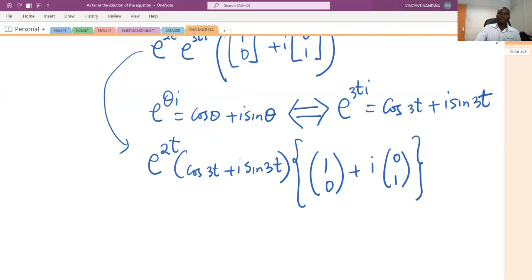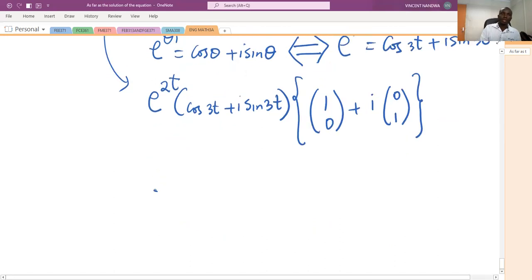So let's just now carry out the multiplication. So e raised power 2t, this times this vector here will have cos of 3t plus i sin 3t, because this is 0, so i times 0 is 0 times this one is 0.